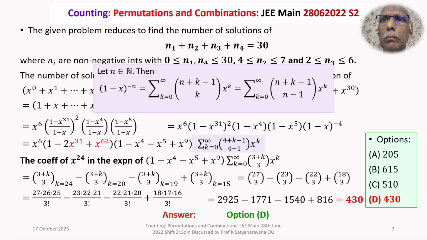But anyway, questions are coming, meaning these are included in the syllabus, and this method is also included. I am sure that you have understood the solution of this problem, and I wish you all the best. Thank you.